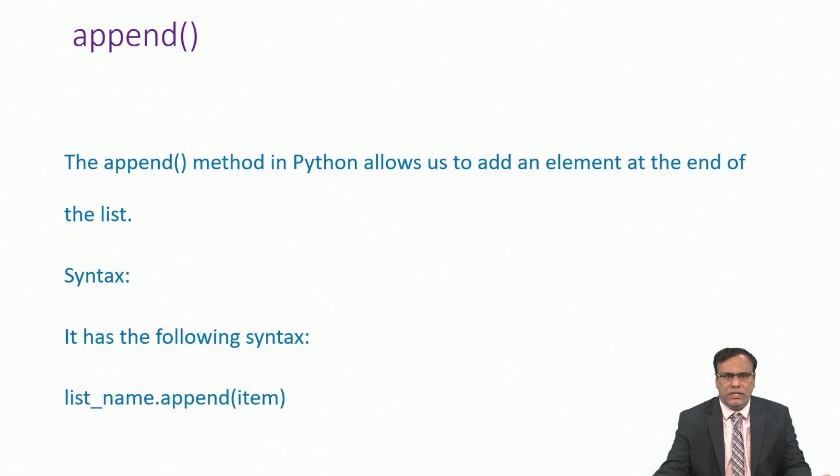Here the name of the list is list_name, and we want to append some item to it. After that you use the dot or period operator followed by the name of the function, that is append. As an argument you have to give the item that you want to add to the list. This is how it works.